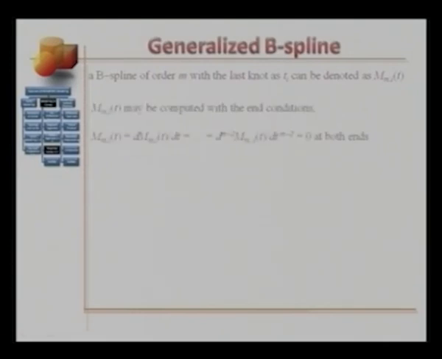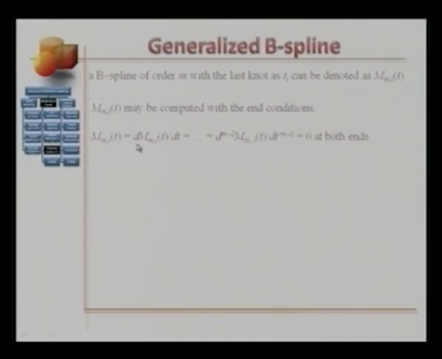Try to remember how we constructed order 4 B-spline basis function. We can construct a generalized B-spline basis function in a similar manner. That is, Mmi(t) may be computed with the following conditions.